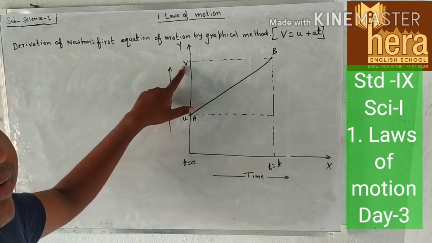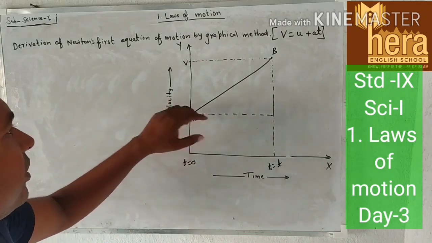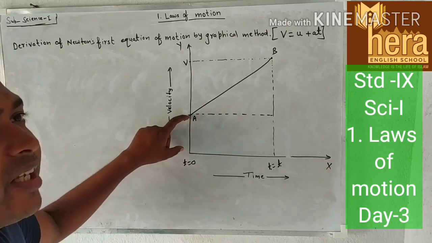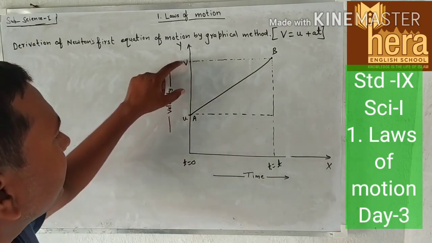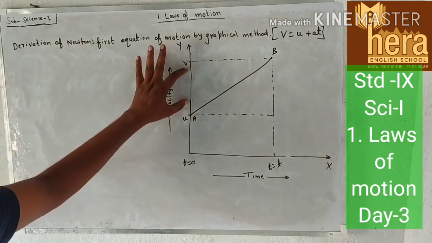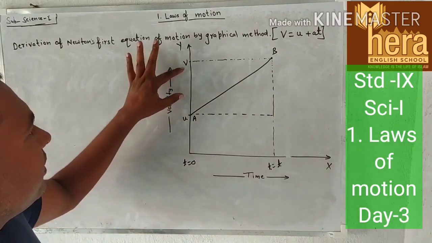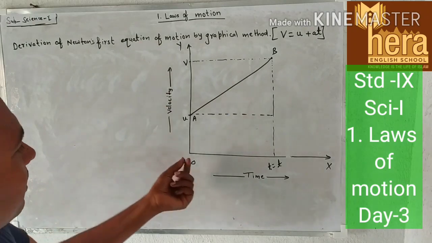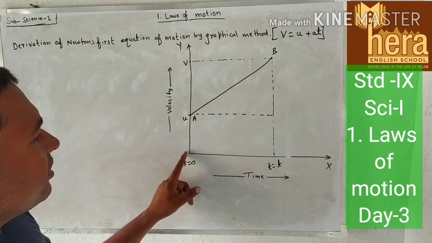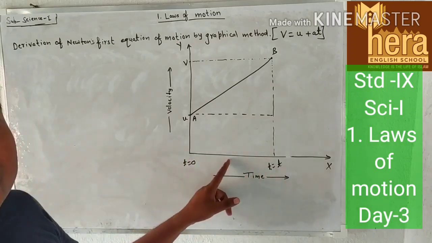So change in velocity means final velocity minus initial velocity. It means change in velocity is v minus u. Change in time: here is time t = 0, here is time t = t. So change in time is t minus 0, that is t.